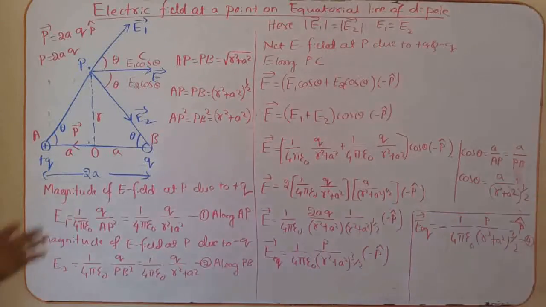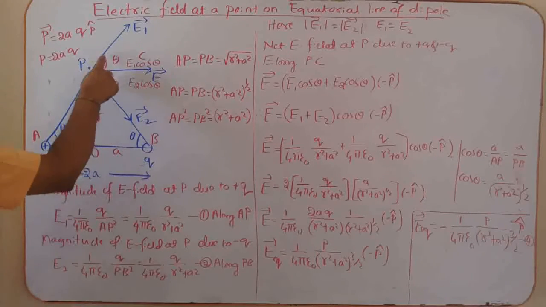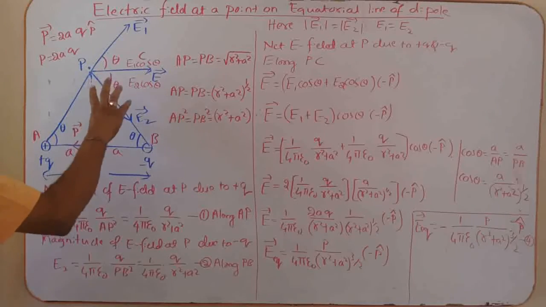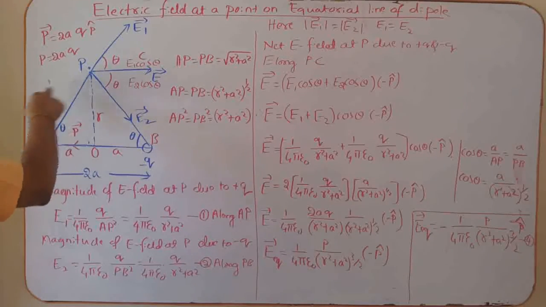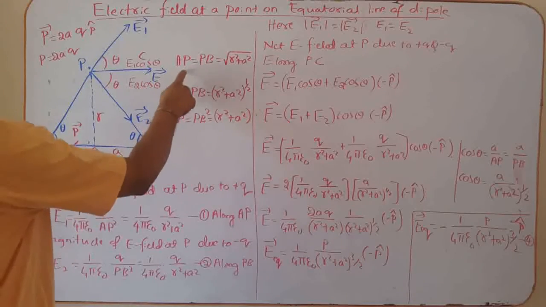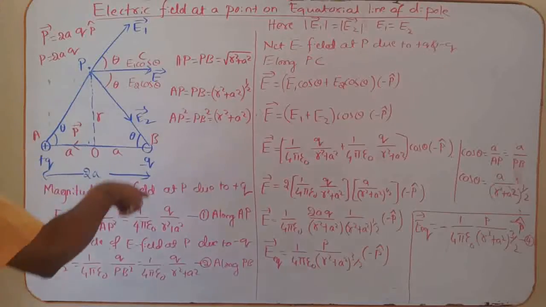Now see here, new diagram. This is the angle theta, this is the angle theta. This angle is the same angle, theta. This angle is the same, alternate and corresponding angles. From this triangle AOP or POB, AP is equal to PB. Why?